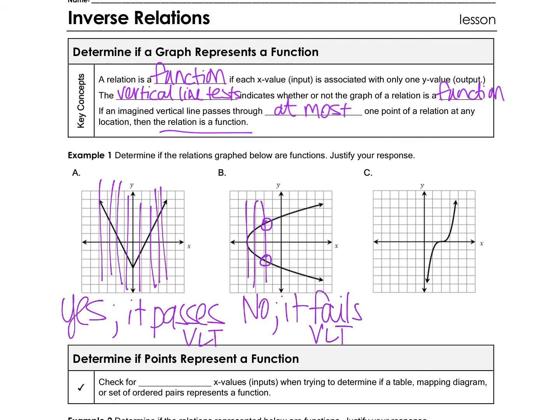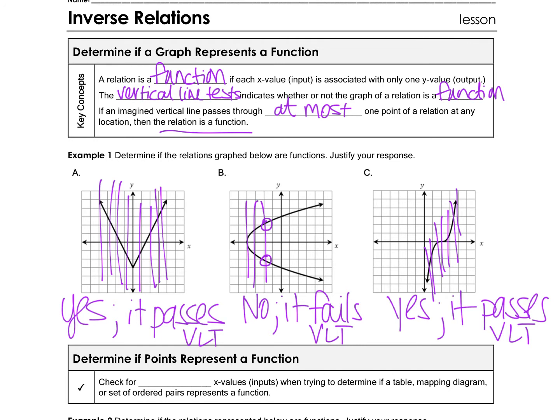So there's repeating x values. Functions do not have any x values that repeat. Part C, same thing. I'm just visually going to draw these vertical lines. Notice it's only intersecting at one place on our graph here, so this would be a function, and it passes the vertical line test.